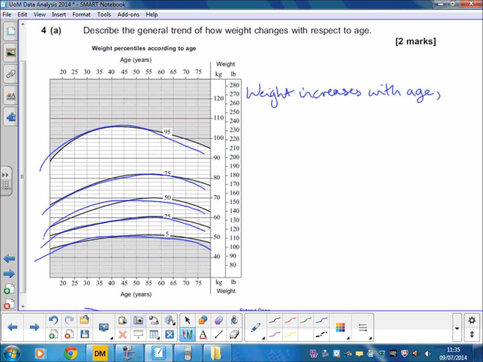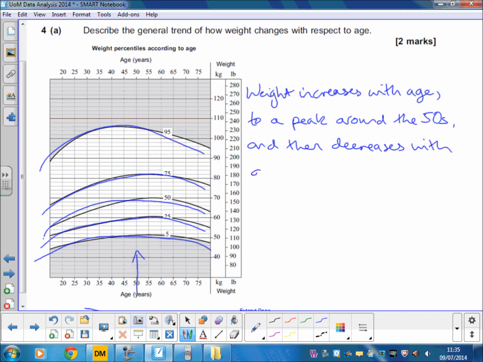Probably for most of them it's round about the 50s, to a peak around the 50s, so that's for most percentiles, and then decreases with age. So you need both those points. You've got to say it increases up to a maximum point and then decreases for the second mark.